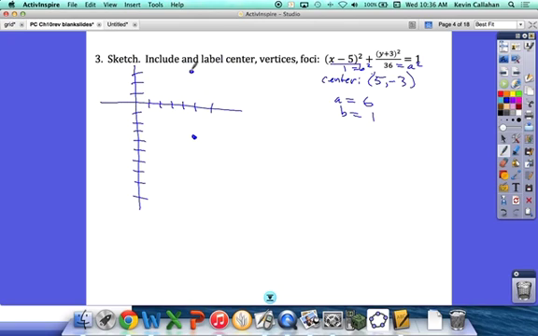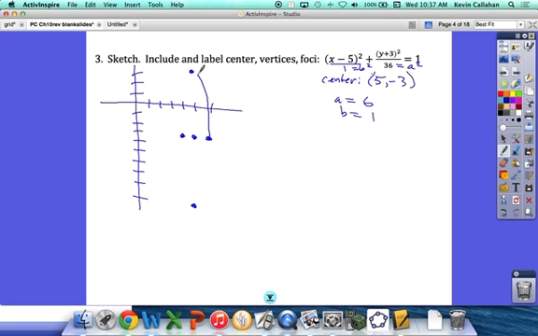Up 6, down 6. What are those 2 points called? Vertices, right? And then we should go left 1 and right 1. And those are the sides of the ellipse in the direction of the minor axis.